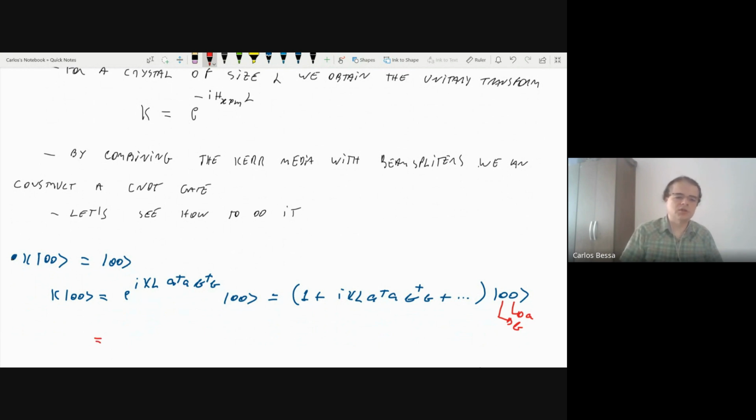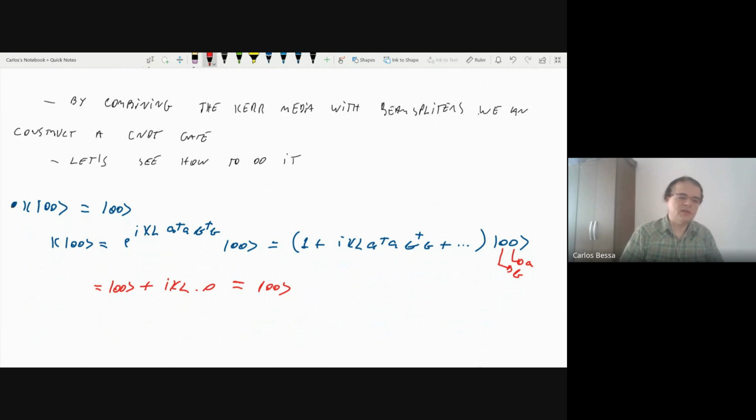So this is just 0, 0 plus i chi L, and when I apply the destruction operator in the mode B, this will be 0, and this will contribute with 0, right? So this is just 0, 0. Okay, that is what we expect because no photon is coming into the medium.